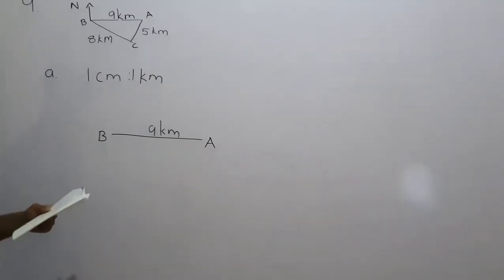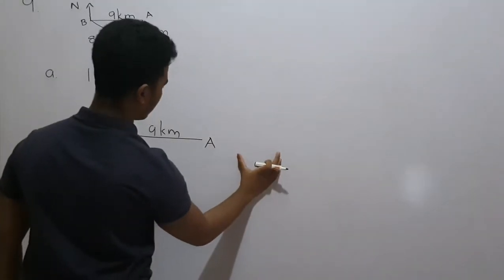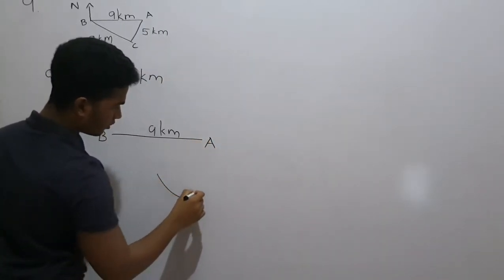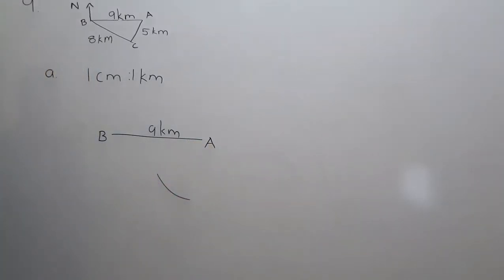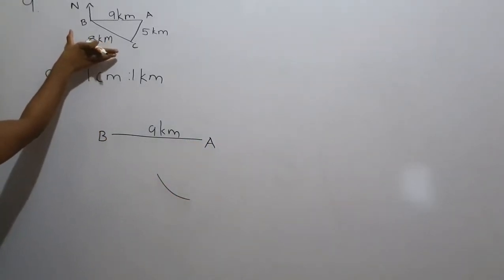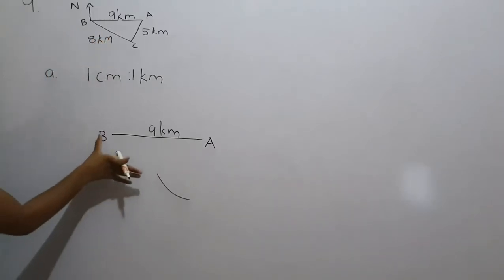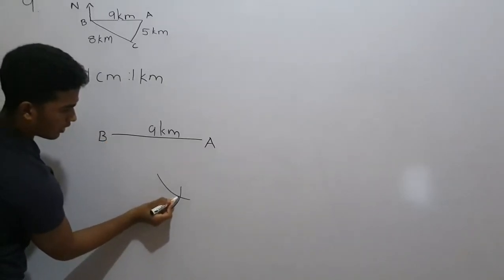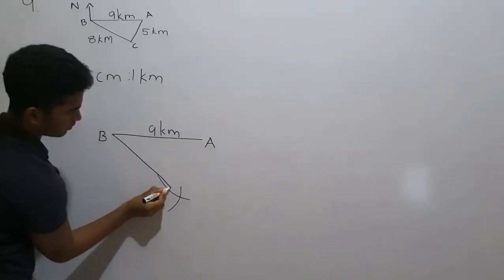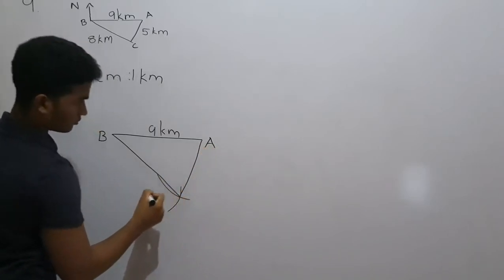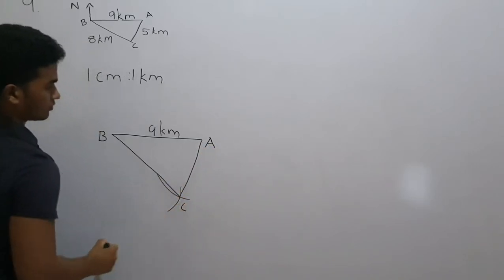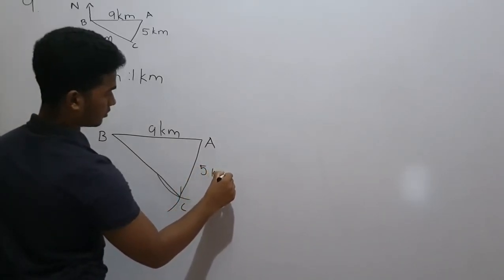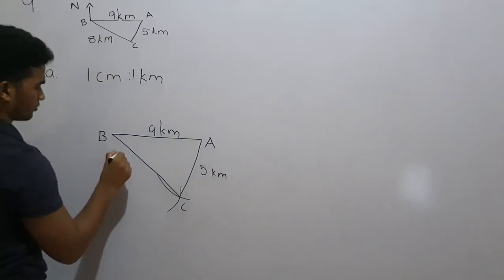Take your compass and extend it to 5 centimeters and keep it at point A and draw an arc. Similarly, to draw the BC line, extend it to 8 centimeters and draw an arc. Then connect it to the intersecting point. So this is our C. Then mark it. This will be 5 kilometers and this will be 8 kilometers.